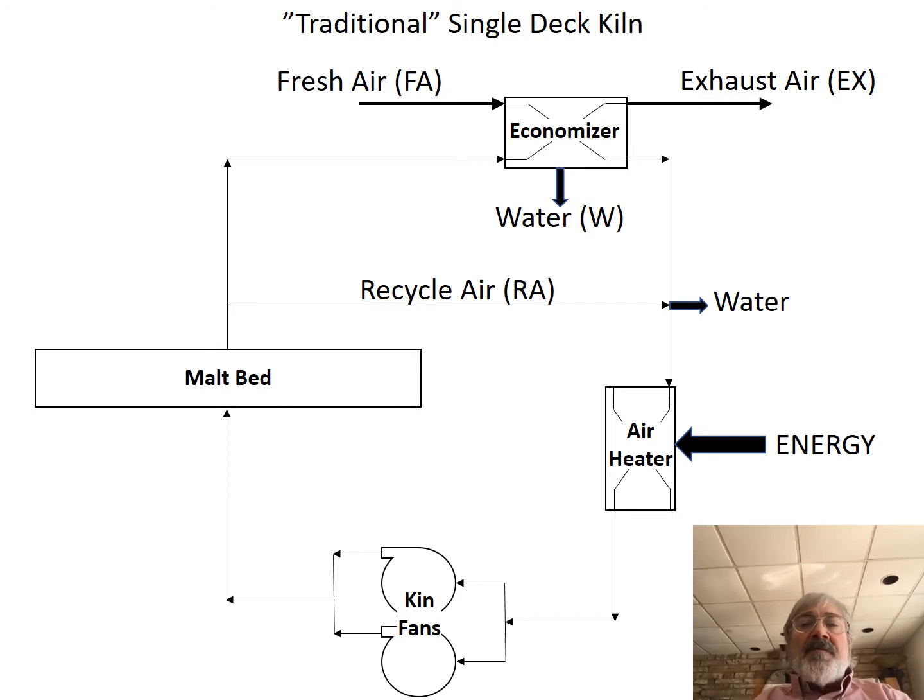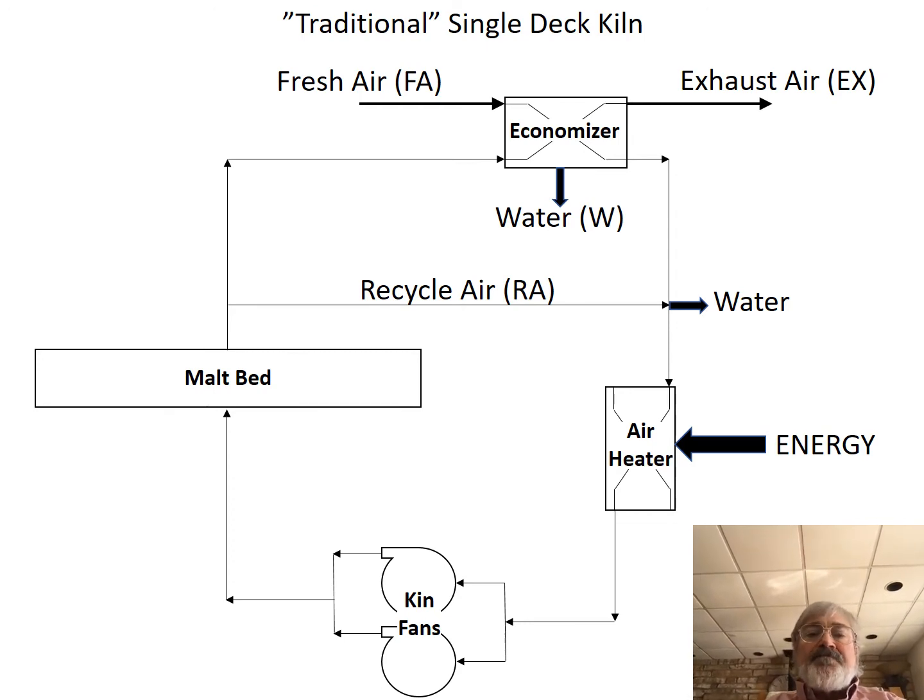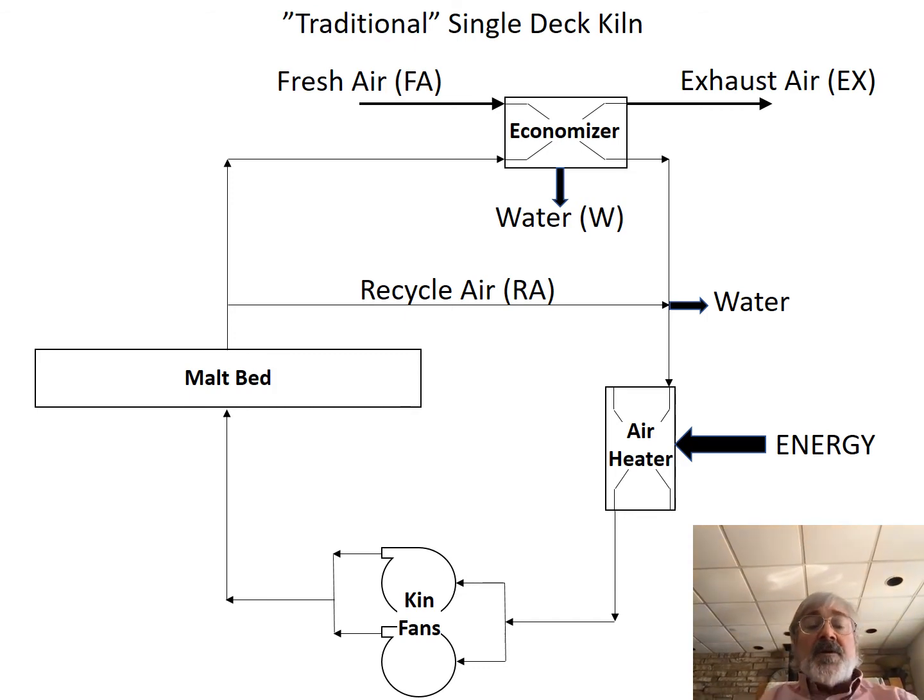So for the single deck kiln, this is my drawing of the different air handling unit operations. We'll just go through this again. It's identical to what I showed you before, just in a different format. Fresh air comes in through the economizer. It gets preheated.